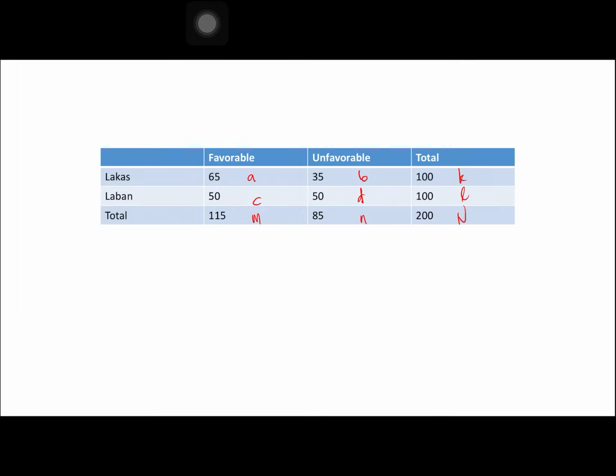This is our N. So using the formula, chi-square is equal to N times (AD minus BC) squared, divided by KLMN.